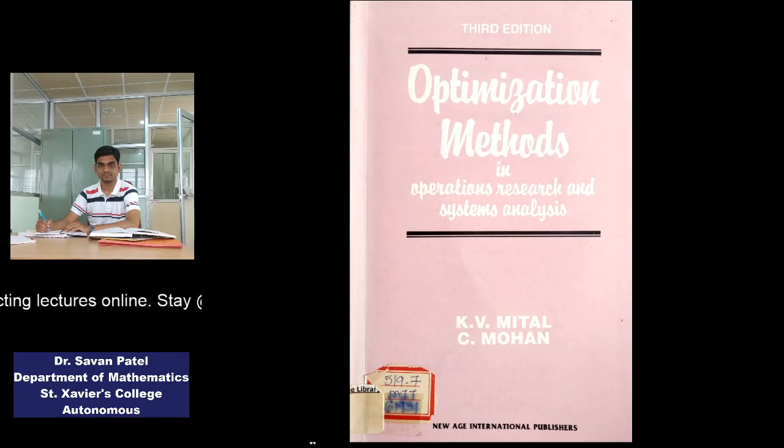It is available in our office library, St. James College Library. This textbook contains the theory portion, and the problems we are going to discuss are from Operational Research by Nita H. Shah.